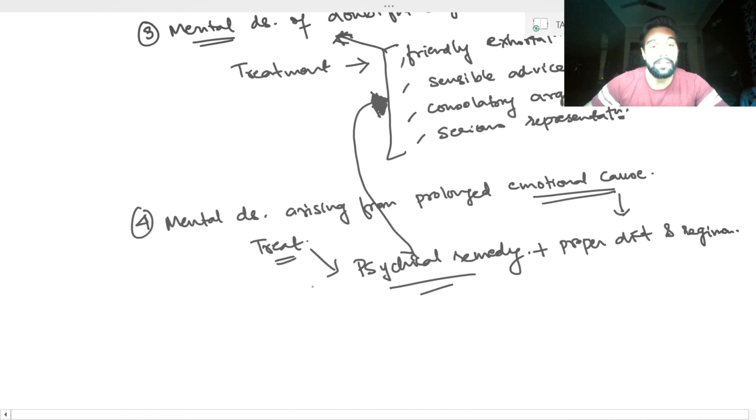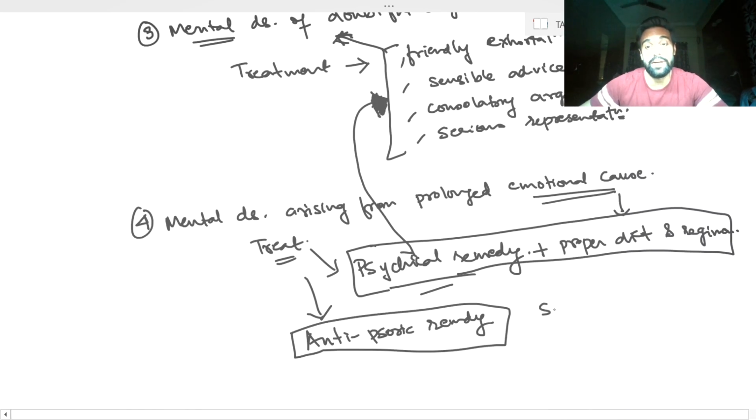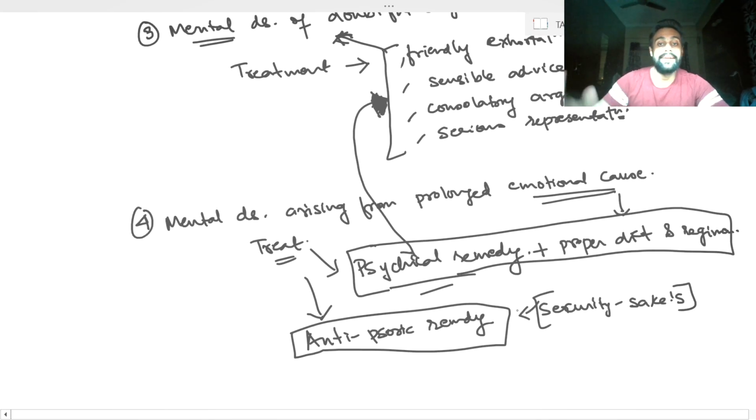And again, Hahnemann says that since this is fundamentally due to Psora, you need to give antipsoric remedy. For security's sake, this phrase is mentioned in the aphorism. Just for security purposes, you are giving antipsoric remedy to this fourth type of mental disease.